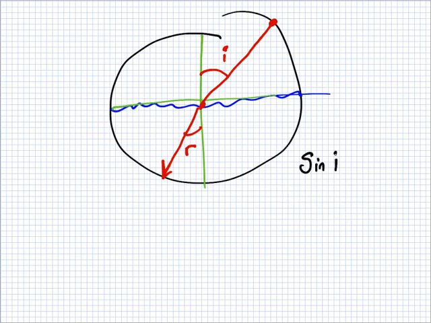Sine i over sine r equals... Or hang on, if you want, great, Amanda, that's sine theta 1 over sine theta 2. It's the same thing. Equals what?